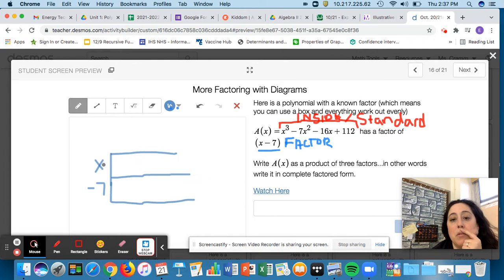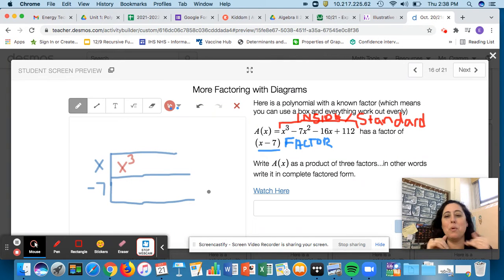I know that it will go outside. Remember this part, x to the third will go inside. It's the same as the ones that we were doing before where the first term goes in the upper left corner. Eventually, we'll put the last term in the bottom right, but we're actually going to work this a little bit different, okay?